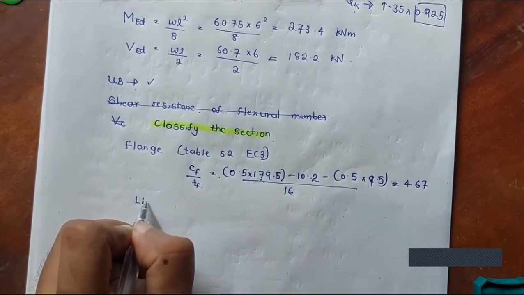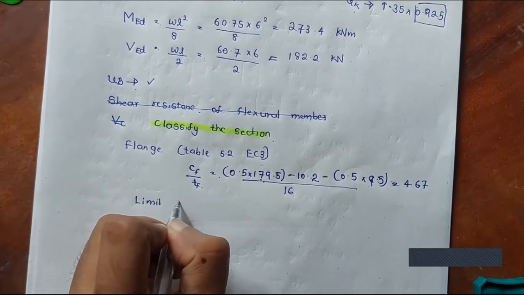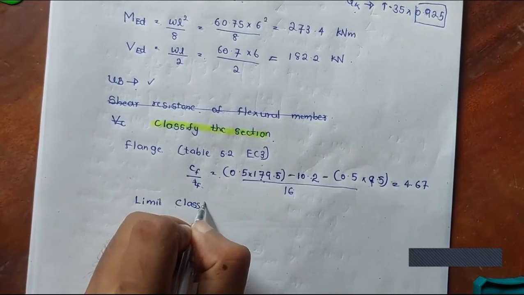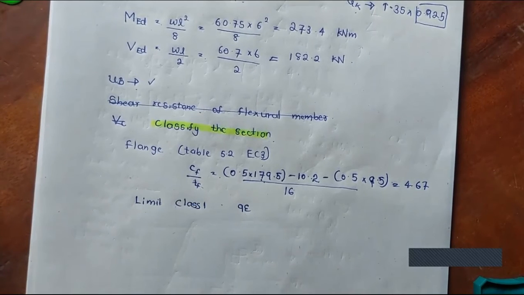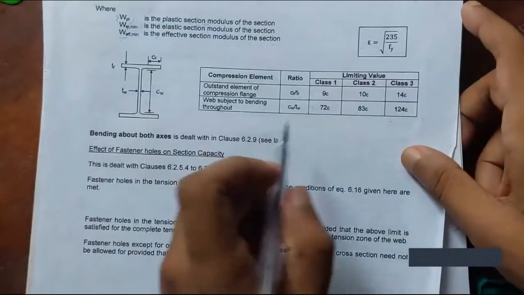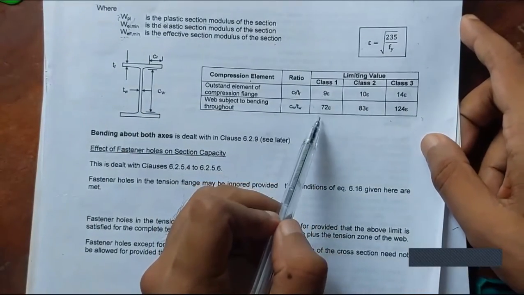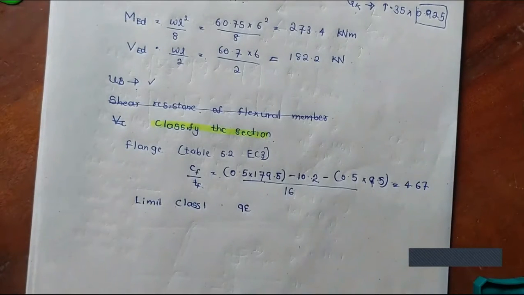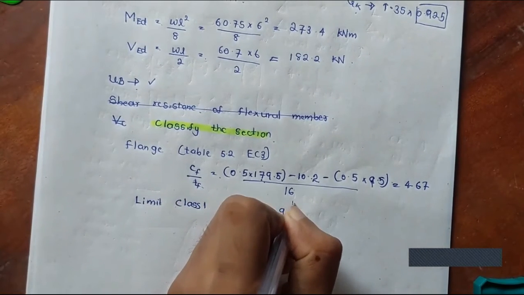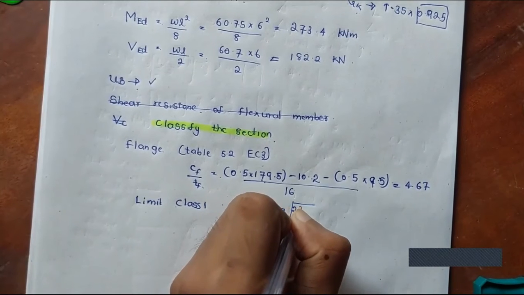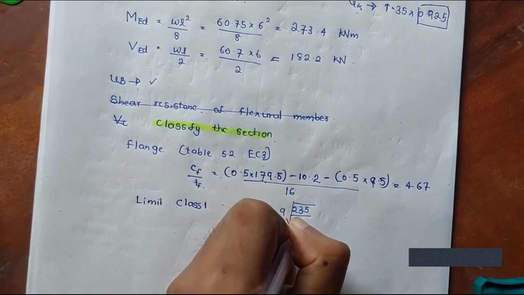The limit for class 1 is, you remember, 9 epsilon naught, right? So it's in this table. So remember, it's 9 and for the web it's 72, right? So 9 epsilon naught means 9 into, so our strength class is now 275, right?